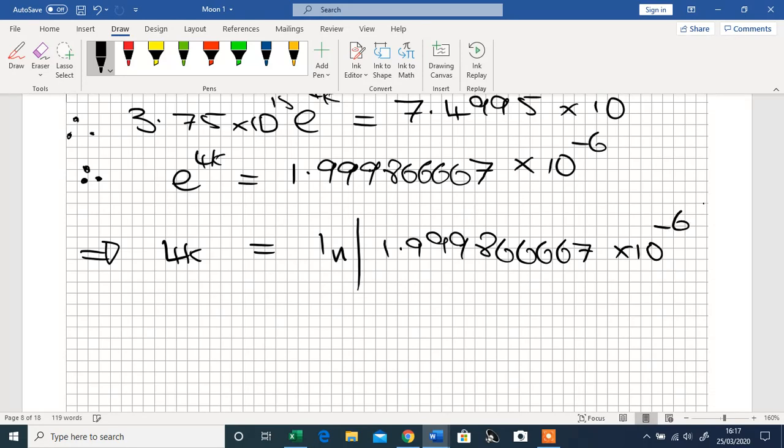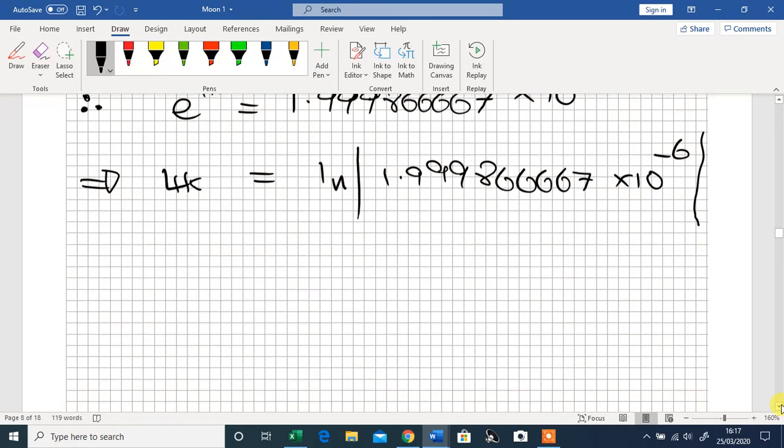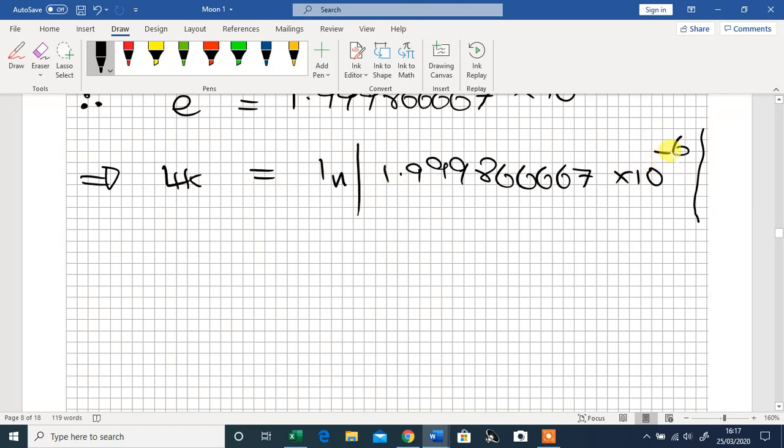Now this is a really tiny fraction on the right hand side, the part that's in the argument here, and that actually comes out to be minus 13.12243005.